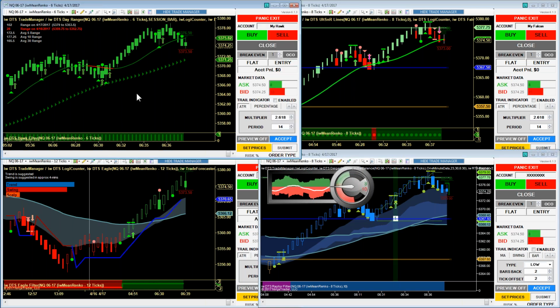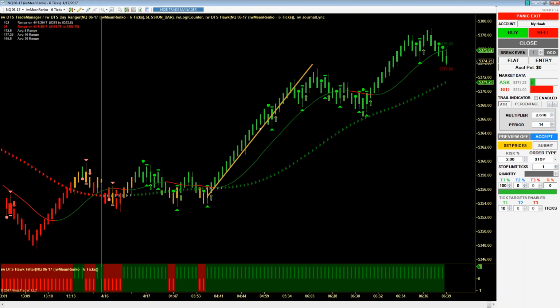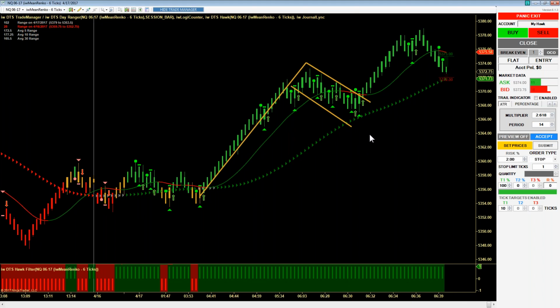Here on the Hawk, right out of the open, we had our macro pullback signal slash 4-arrow consolidation. Not a bad looking 4-arrow consolidation. It did have that characteristic bull flag shape to it, which is what we like to see. And then we got a little bit of a rally out of that.